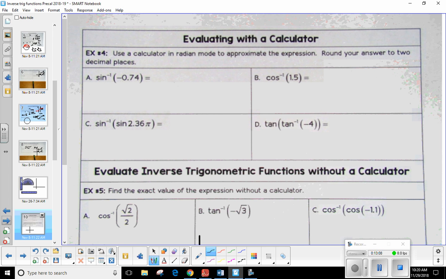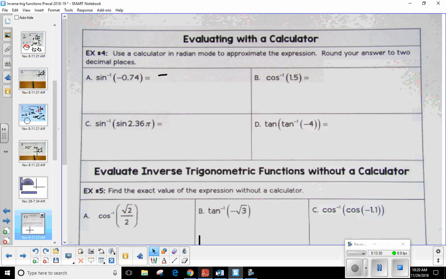But based on what we've done all week, can anybody just go ahead and tell me what quadrant this would be in if I were going to try to do it by hand? It'd be in quadrant 4. Why? Because it's a negative ratio, okay, a negative value. In fact, what do we know about my final answer? Should it be positive or negative? Should be negative. Remember, sine inverse and tangent inverse, if it's in quadrant 4, you have to rotate clockwise to get there. So I know no matter what, my answer is going to be negative. All right, so let me go ahead and do this. I'm going to show you very quickly how to plug this in the calculator.